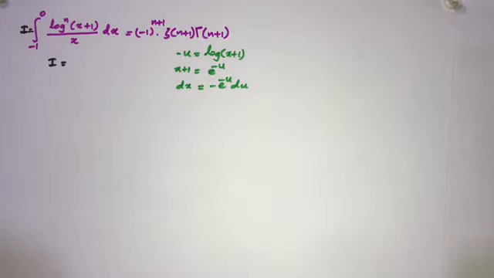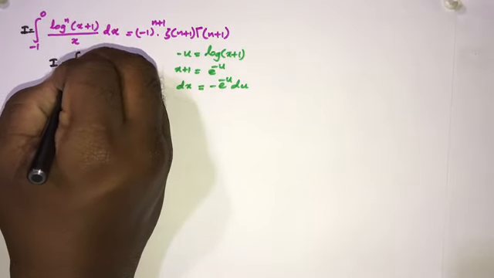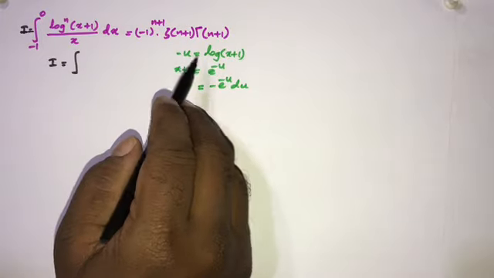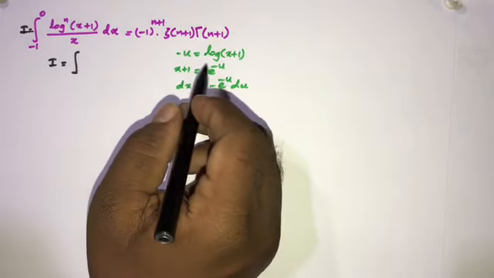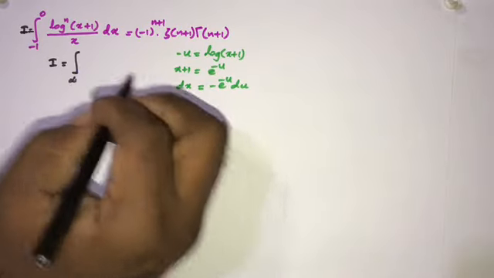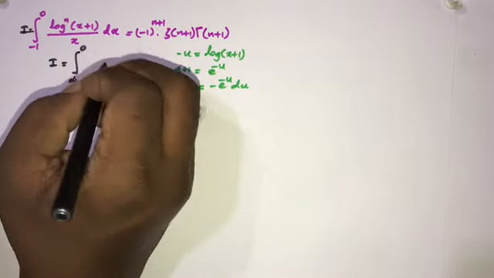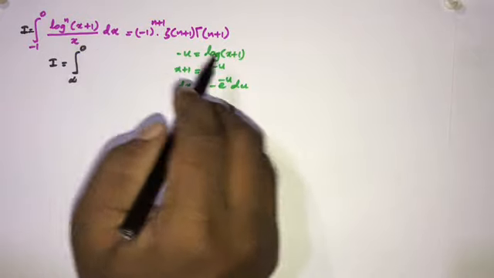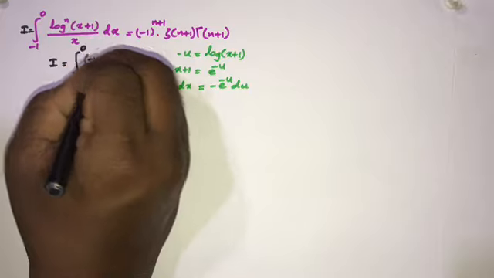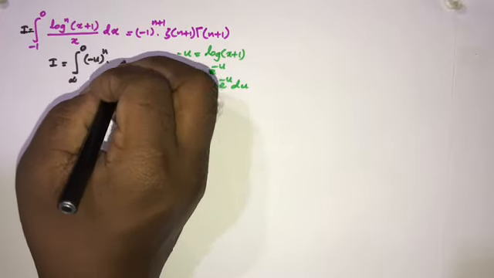Now we can plug in here. The lower limit is -1 and the upper limit is 0. When we change the limits, we get infinity and 0. Then log of (x+1) is -u, so (-u)^n.